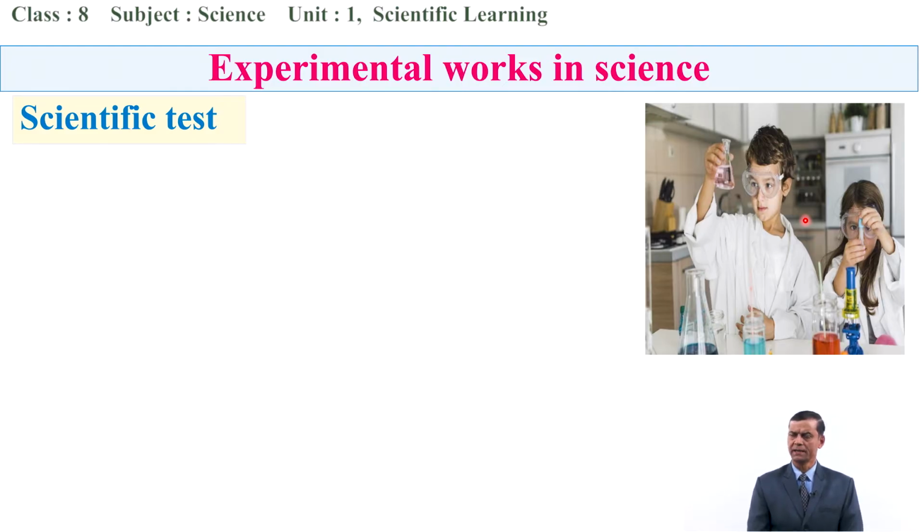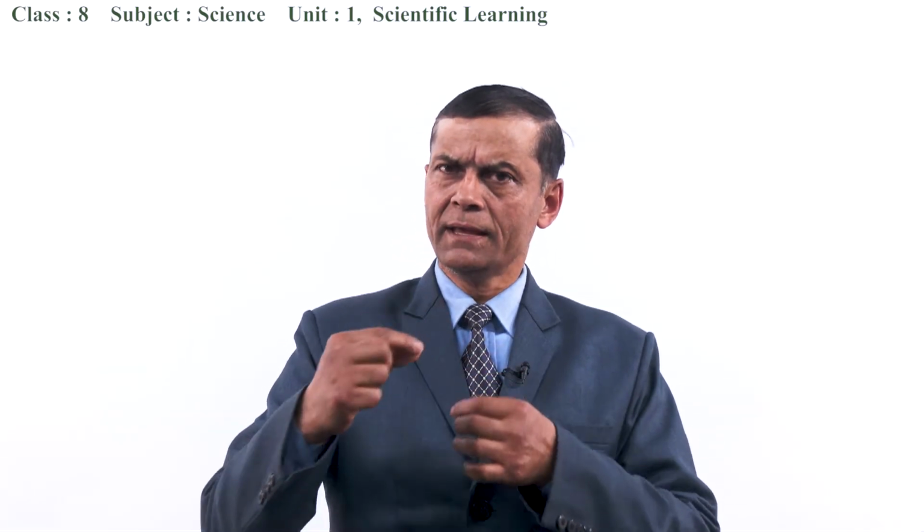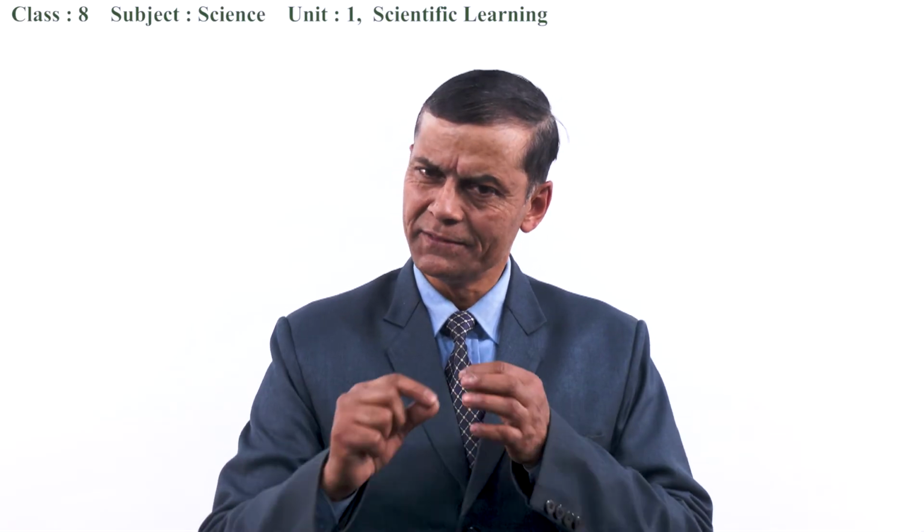We can test whether a substance is acidic or basic, or how heat is produced by the friction of objects, due to the vibration of molecules. How can sound be transmitted? Can sound transmit without a medium? No. That also we can prove by scientific test.